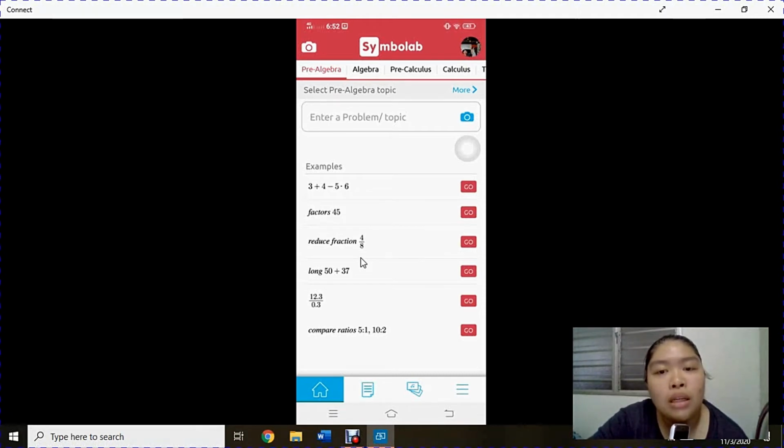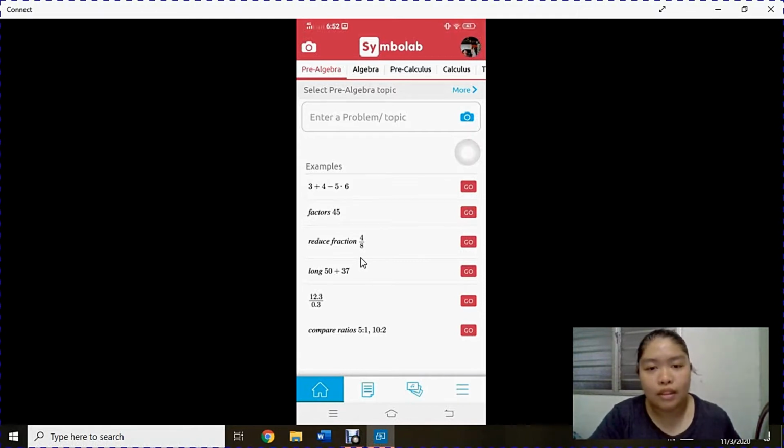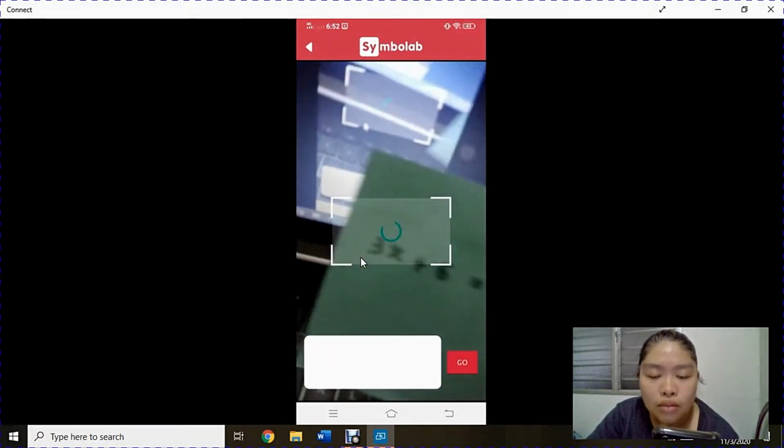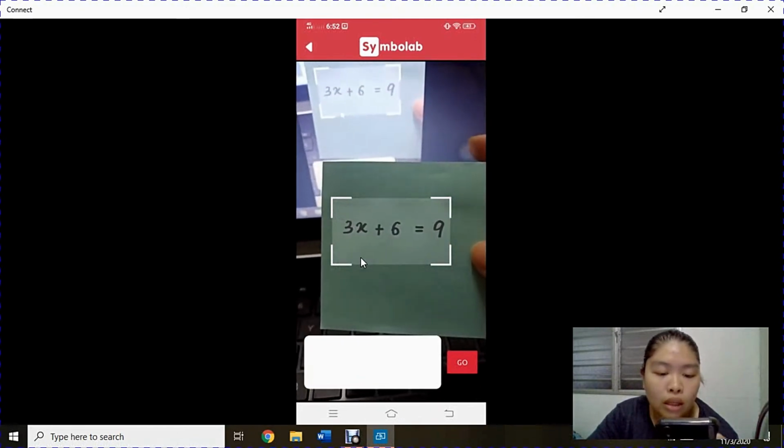It is because it can actually take a picture of a question from a paper. For example, let me show you how. Okay, now you just have to press on the camera button, and then you just have to point your camera at the question, and it will detect the question.